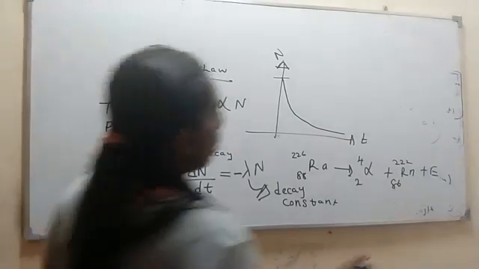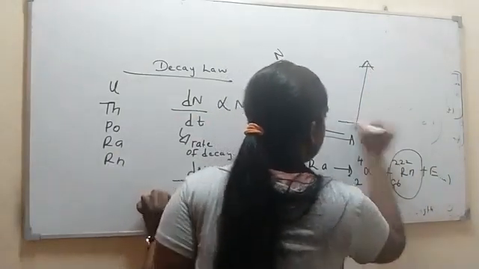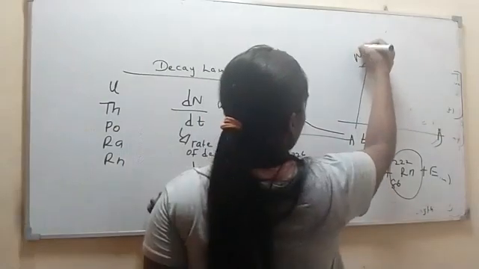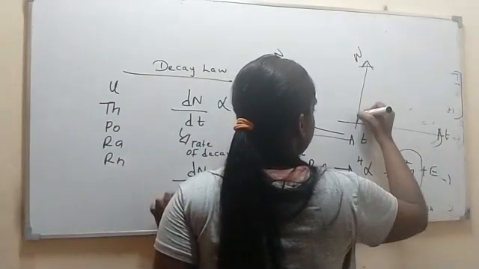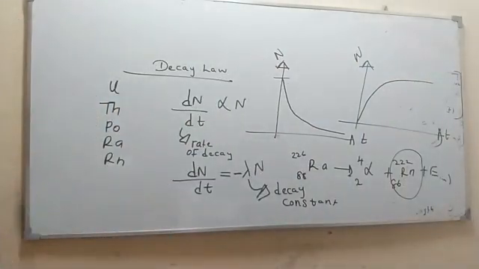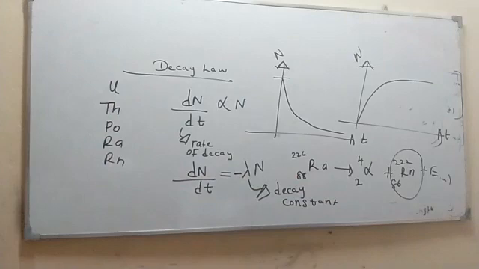If I draw a graph for radon, initially there is no radon. With time, the number of radon nuclei will increase, and after that it levels off, which also takes a lot of time. So why did radium give radon? Because radium is a radioactive element, therefore it is unstable.